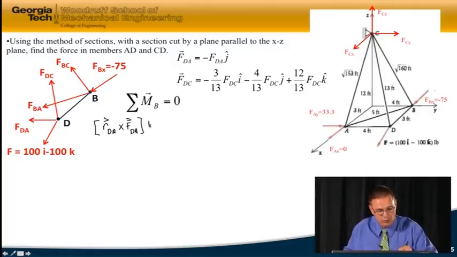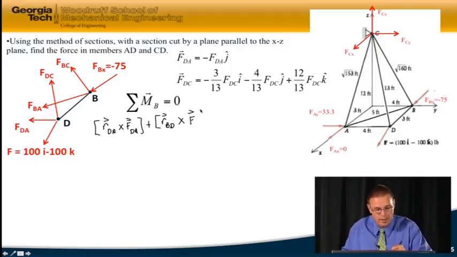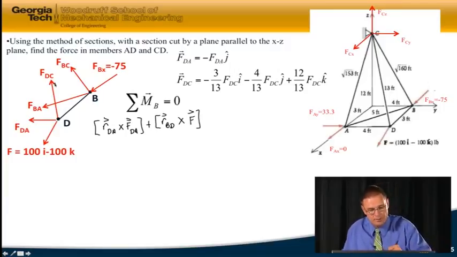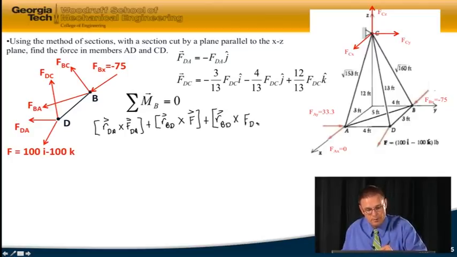And then we have plus R from B to D crossed with this applied force, 100I minus 100K. Plus I have one other force that's going to cause a tendency for rotation about point B, and that's FDC. So again, its position vector is R from B to D crossed with FDC. And all of that has to equal 0.